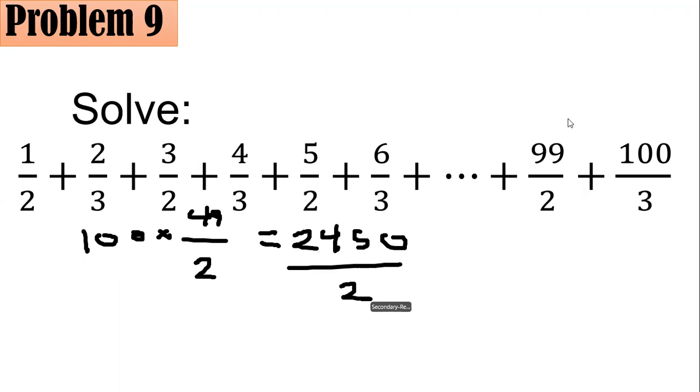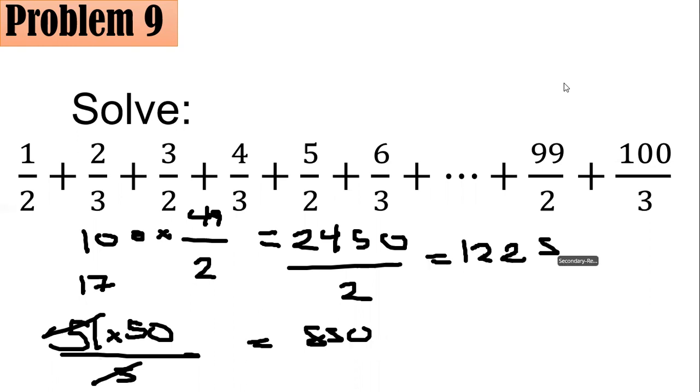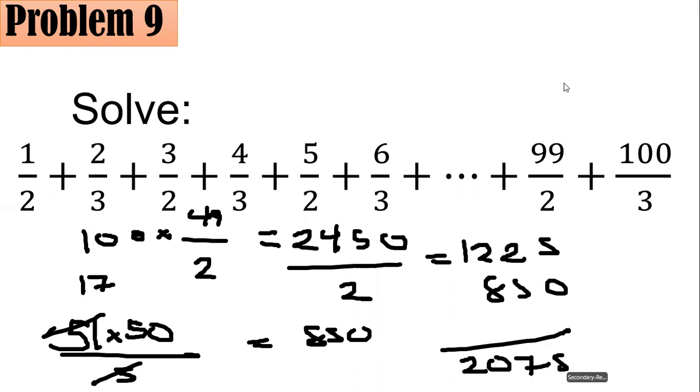Then 51 times 50/3 is equal to 850. 1,225. Add both terms. That's 2,075.